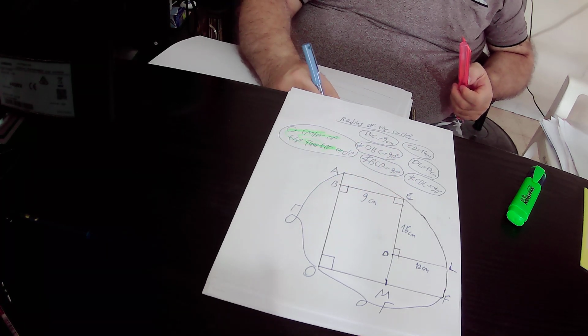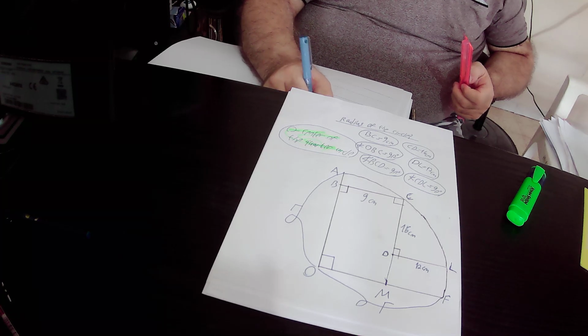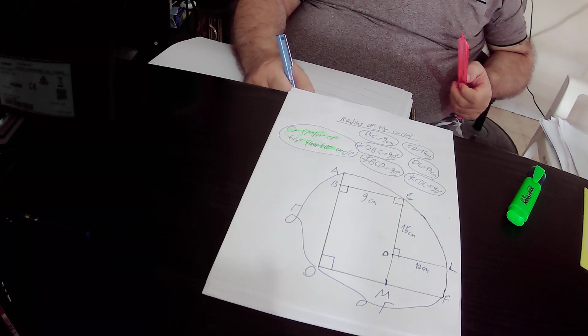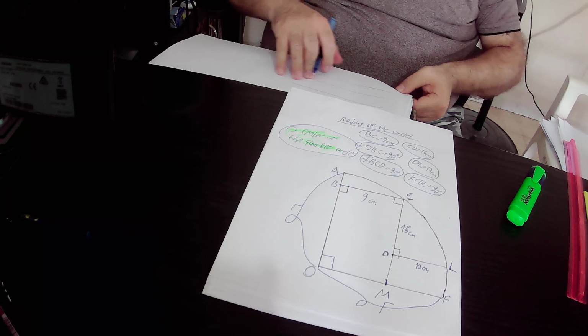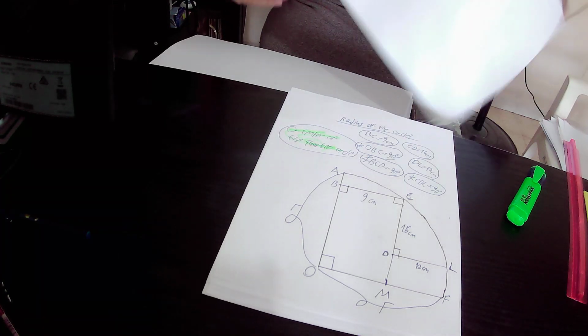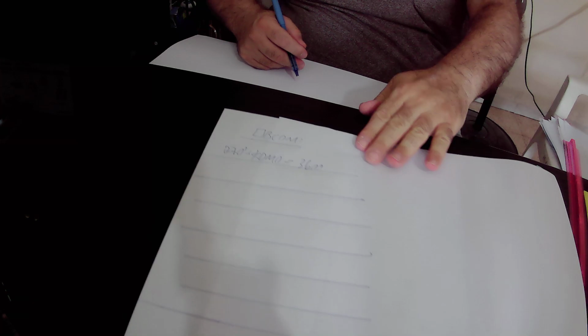In total, the sum of those 4 angles must be equal to 360 degrees, according to the rule that the sum of the angles in any quadrilateral is equal to 360 degrees.